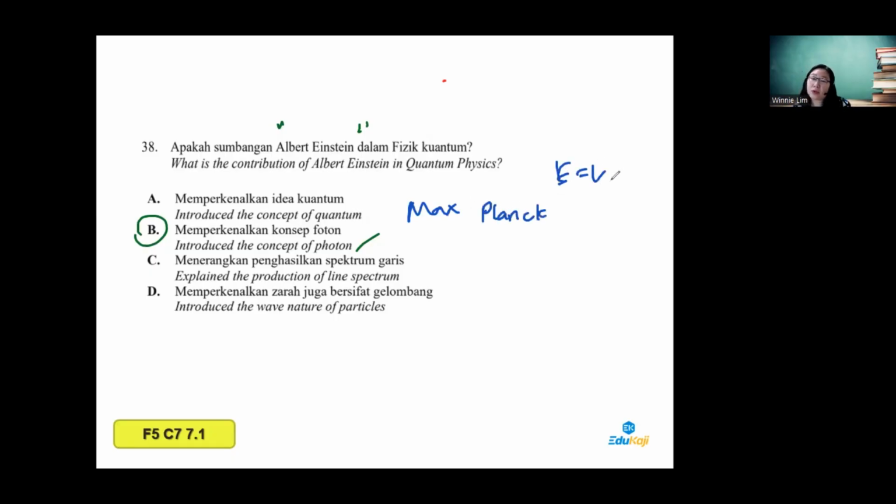Remember, E equals hf. It comes from him, where energy is in discrete form, not continuous. Then the line spectrum is from Niels Bohr. And who introduced the idea of the wave nature of particles? This is Louis de Broglie.